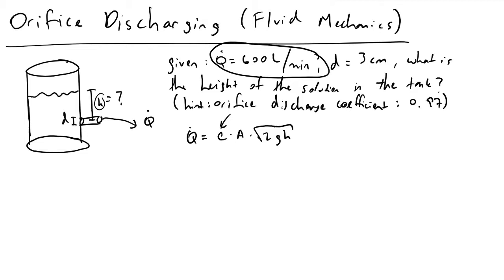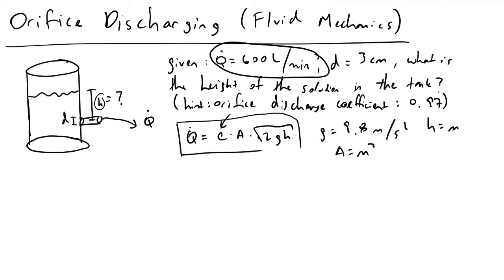We need to convert liters to cubic meters because we're going to be using g equals 9.8 meters per second squared. Height is going to have units of meters. Area is going to have units of square meters. And we will need Q to have units of cubic meters per second in order for the dimensions on both sides of this equation to actually make sense.